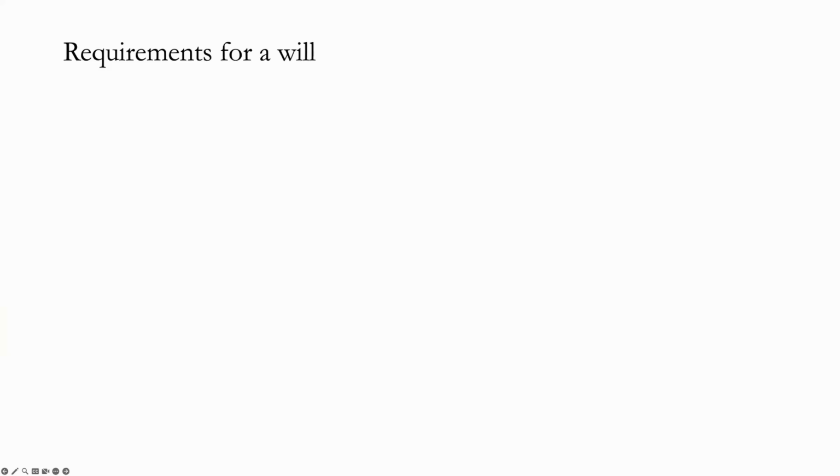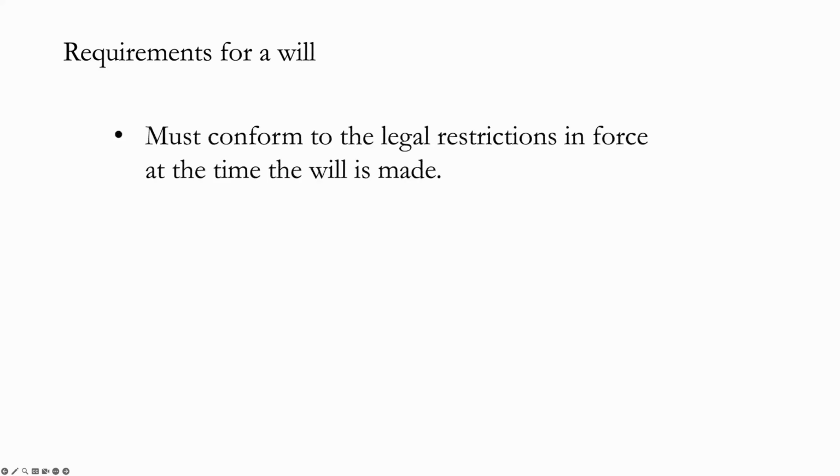Okay, so apart from the form and apart from what wills are supposed to be doing, there's another thing. There are some requirements. I mentioned you couldn't just have a list of names and say, I want Harry to have this, and George and Michael and Mary and Sue. No, that's not a will.